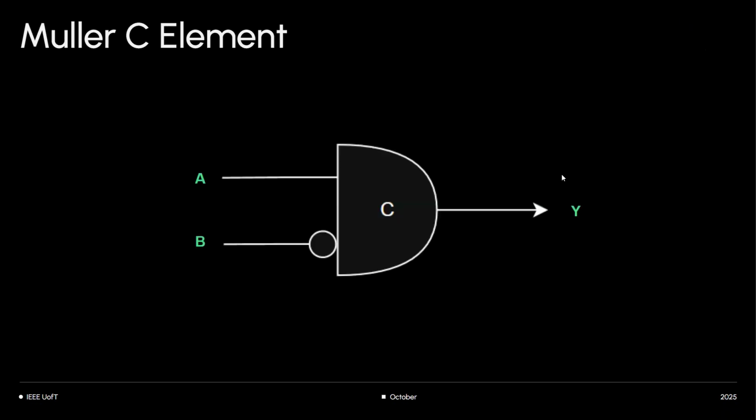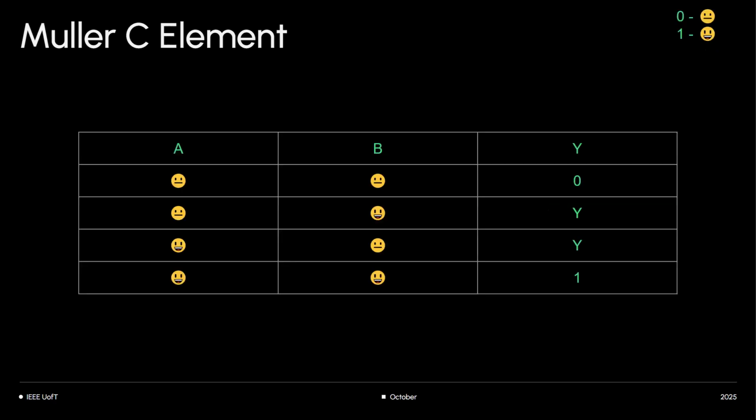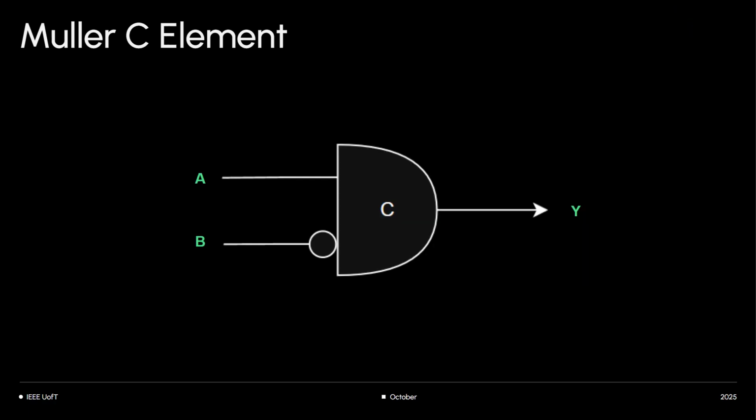This is just a small tweak to the Mueller-C element. You add a NOT gate here. Okay. Before, in the previous truth table, we saw that both of the input lines need to settle to the same value for that value to be written. Both of them need to settle to 0 for 0 to come on the output, and both should settle to 1 for 1 to come on the output. Otherwise, it's remembered. But over here, both of them need to settle to opposite values for A's value to come through.